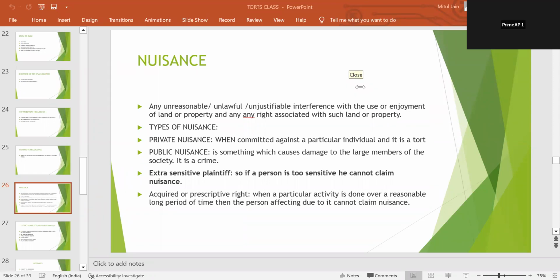Okay. So there is a special damage that has been caused to Mr. X, and hence he can claim compensation, even though it is a case of public nuisance. Am I clear?